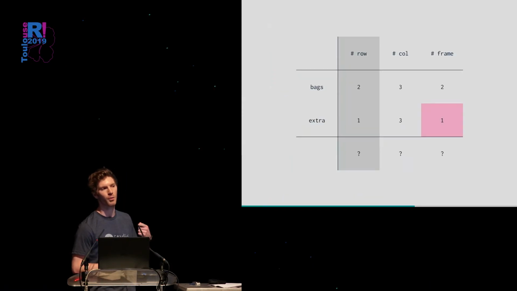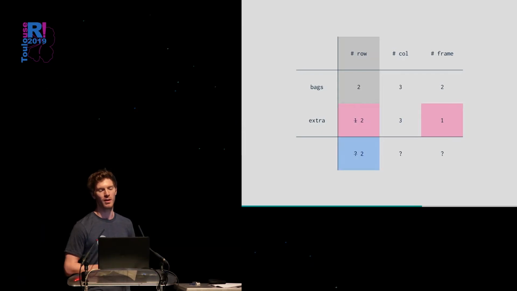Step two is that we have to go through each column in this table and recycle dimensions, and then hopefully we'll be able to add these two things together. The way you do this is by looking down the rows. You'll see that bags has 2 rows, extra has 1 row, and anytime you see a 1, you can recycle it up to the size of the other dimension.